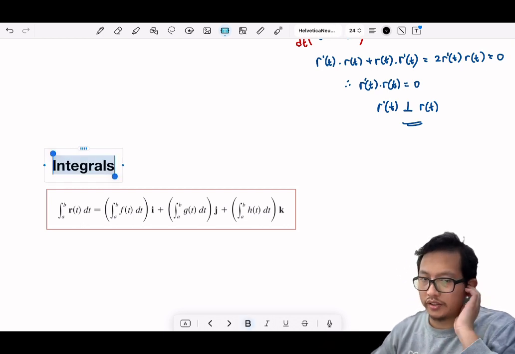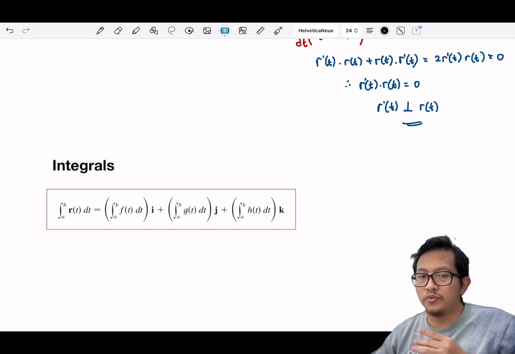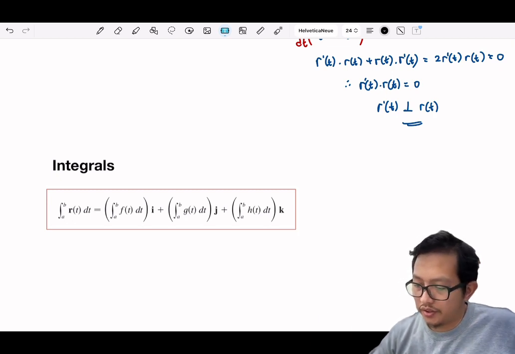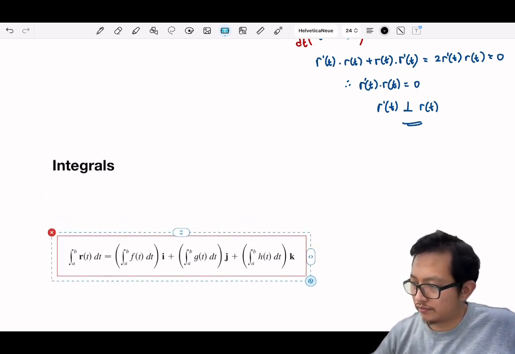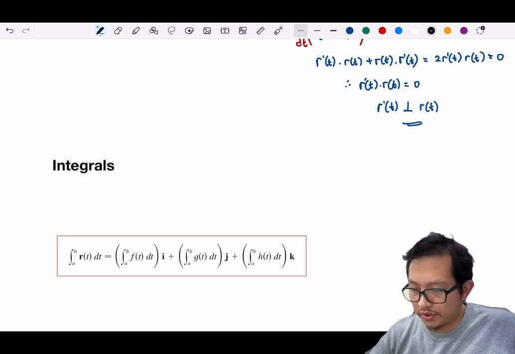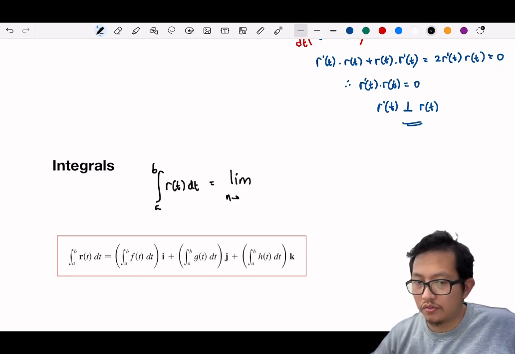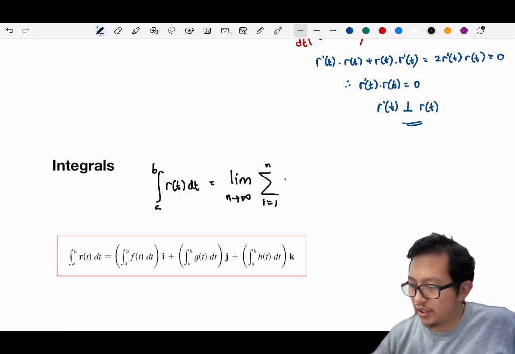As we proved, I think we can start the integral by saying that, by the definition of integrals, if we have vector functions, this will be defined by the limit for each one of them, and if we cut the curve, we can take r of t_i and then delta t.